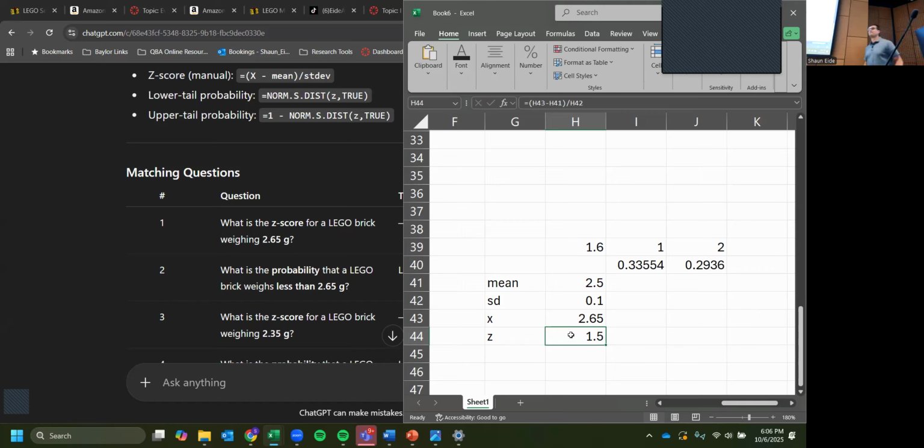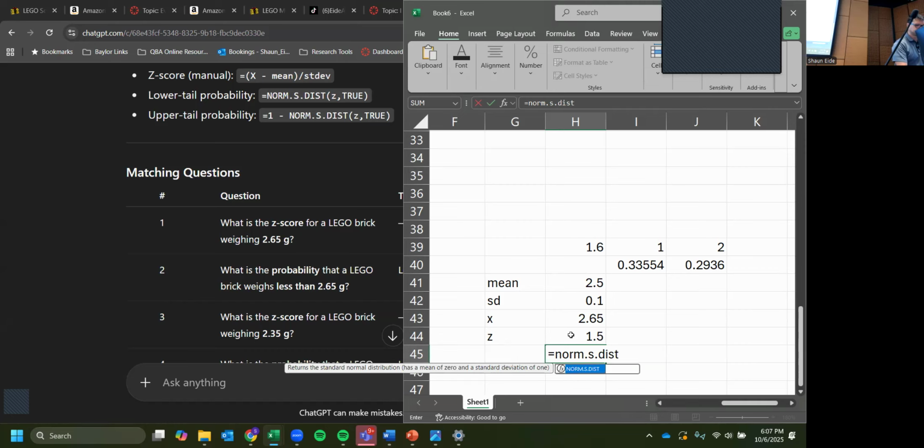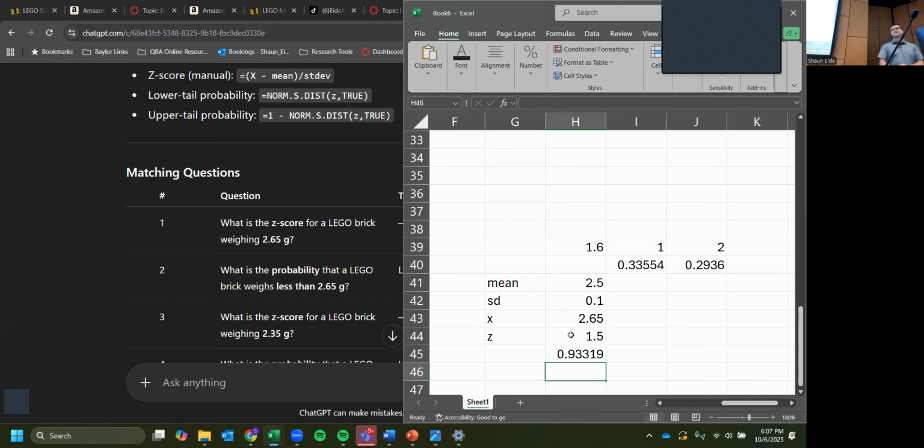What's the probability of having a Lego brick that weighs less than this? How do I calculate that? Norm.s.dist. equals norm.s.dist. So what's the probability of having a Lego brick that weighs less than this?